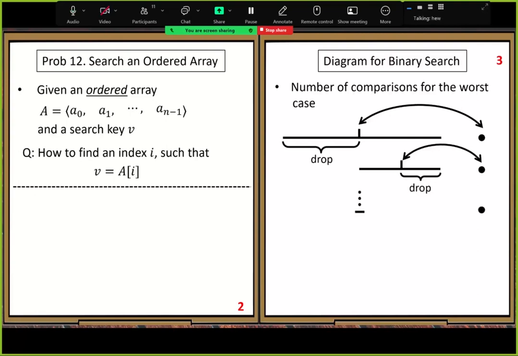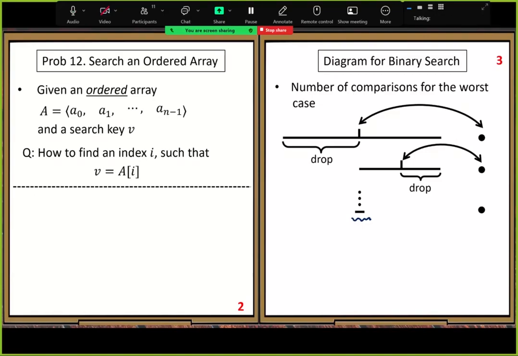Next, we keep dropping, but after k comparisons, the data remaining corresponds to a small line segment, right? So the data to be considered, its size becomes smaller and smaller.